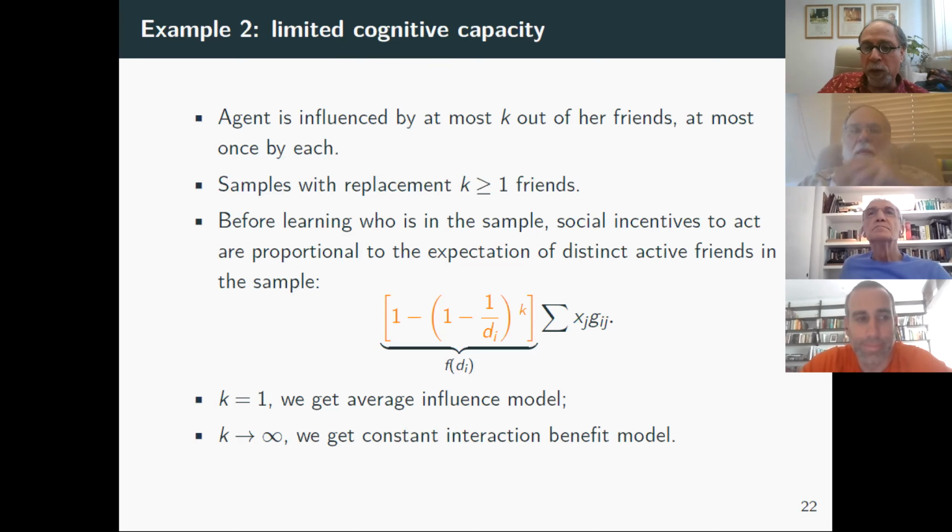So this is a very natural utility function: the expected number of distinct friends that took the action. It assumes perfect recall, that you remember whom you met.